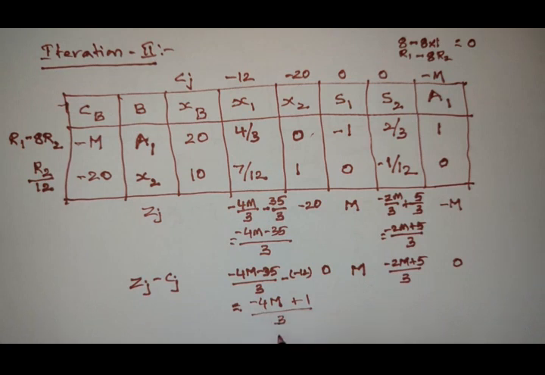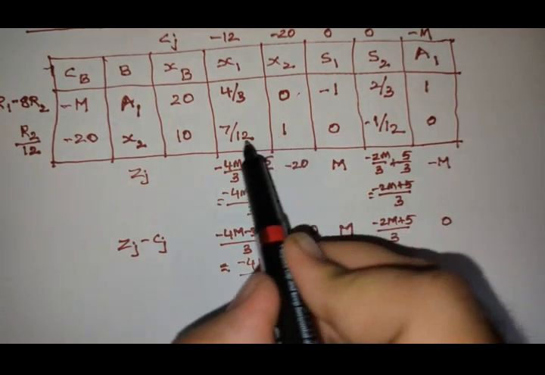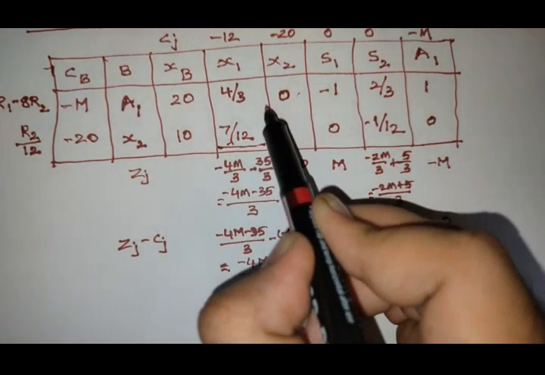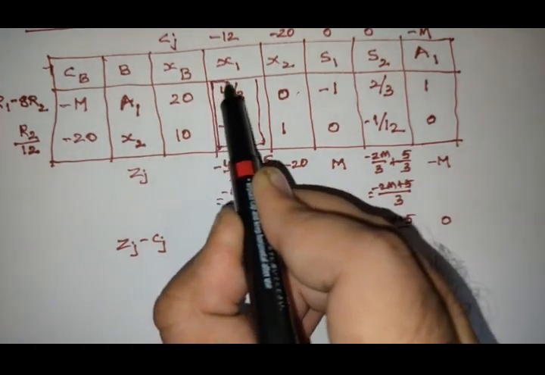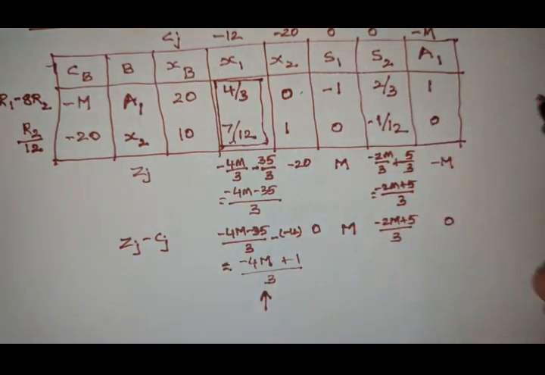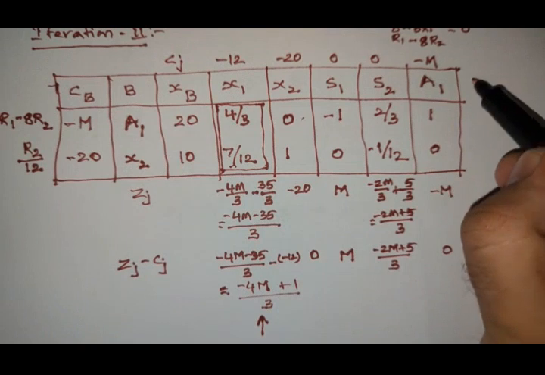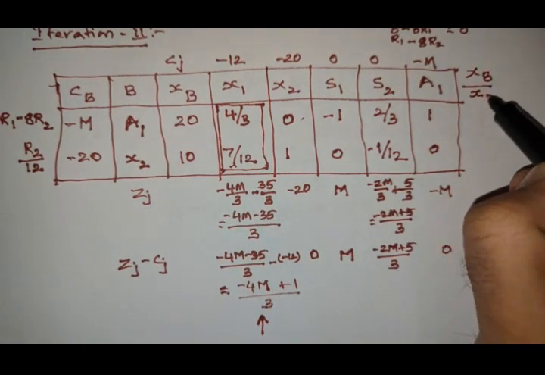So that's why select this one as key column. So now make a box of this one. So this one is key column. Entering variable is x1.